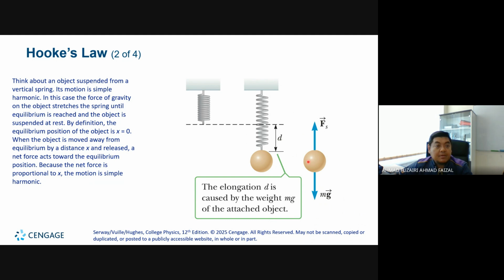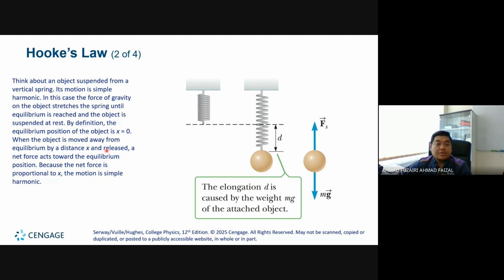Think about an object suspended from a vertical spring. Its motion is simple harmonic. In this case, the force of gravity on the object stretches the spring until equilibrium is reached and the object is suspended at rest.